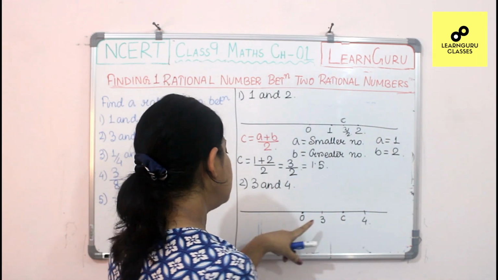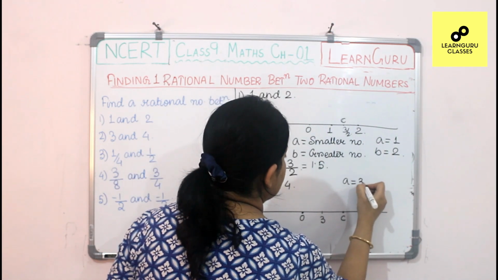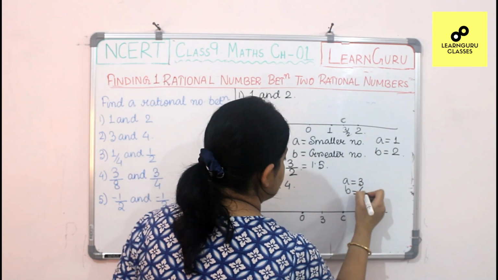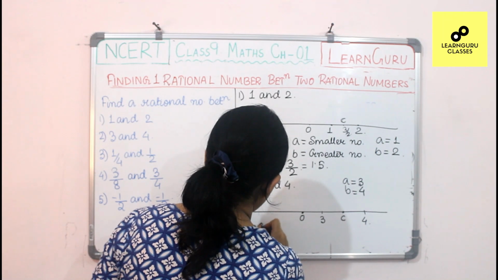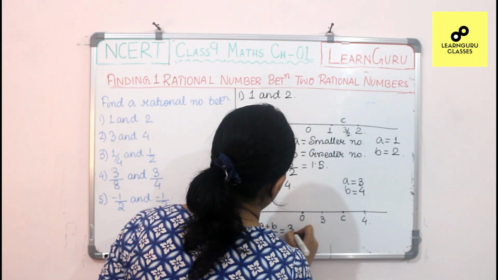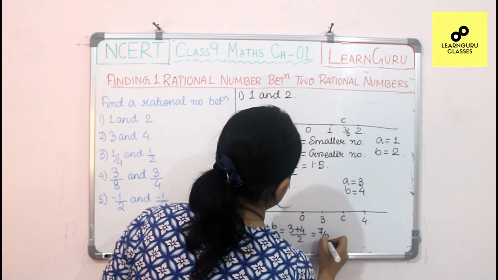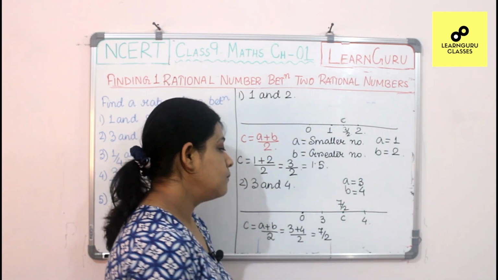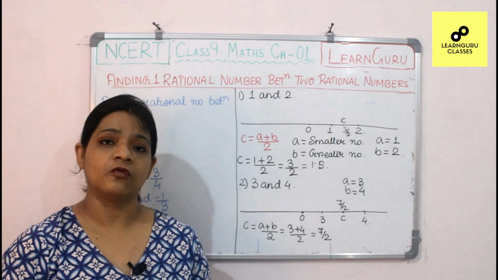A is the smaller number, so A equals 3. B is the larger number, so B equals 4. By the formula (A plus B) by 2, that is (3 plus 4) by 2, that is 7 by 2. So 7 by 2 is a rational number between 3 and 4.